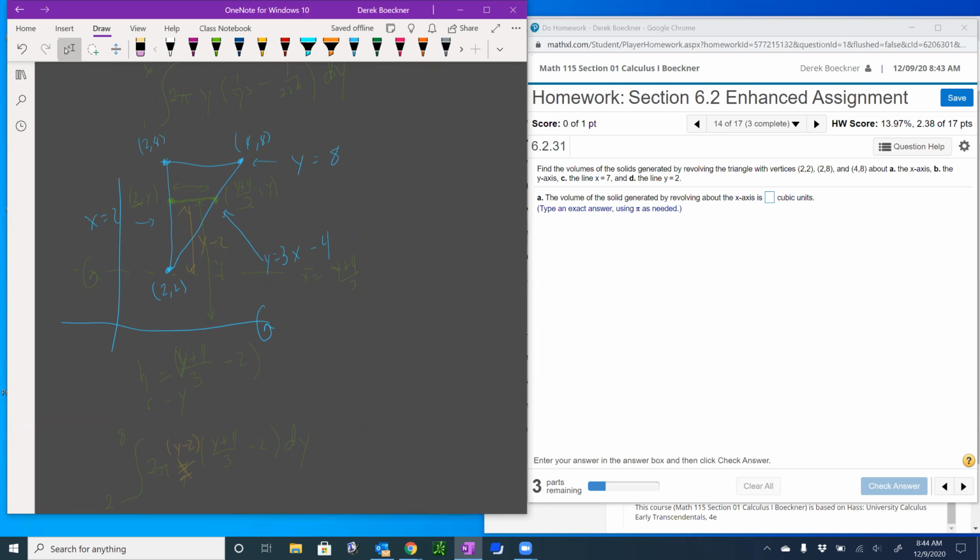If we want to do around the y-axis, that switches. I either have to use disks, if I was going to use this horizontal strip, or I'd have to draw a vertical strip in there to use shells again for a rotation around the y-axis or a rotation around the line x equals 7.